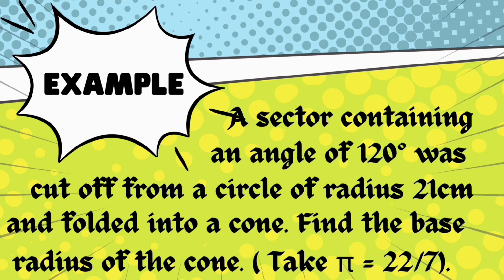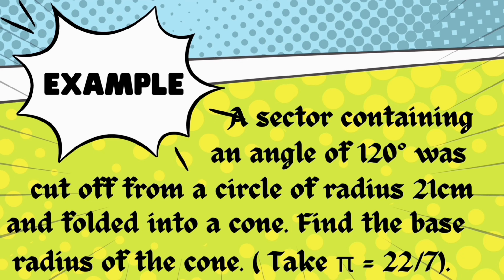Let's take this example. A sector containing an angle of 120 degrees was cut off from a circle of radius 21 centimeter and folded to form a cone. You are asked to find the base radius of the cone.